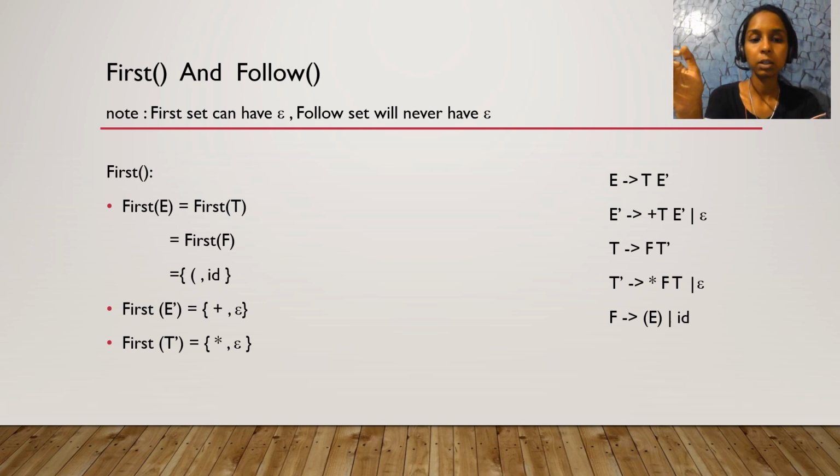Do remember this. Then first of T dash: T dash tends to star F T dash, where star is a terminal and we add it to the set. Also T dash tends to epsilon, the alternative production, so we add that too. So these are the first sets of the given grammar.